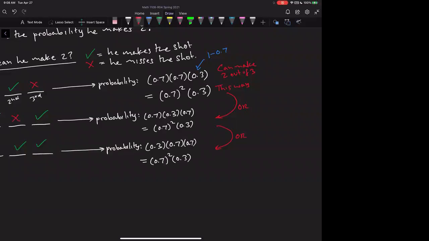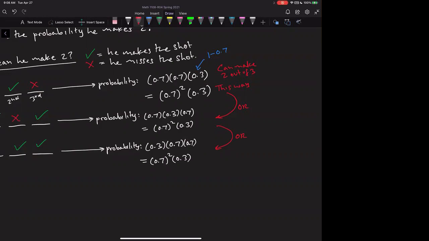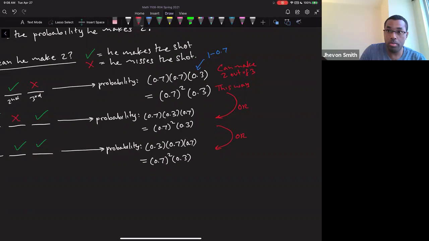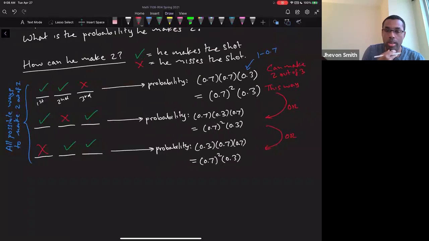So what do we do with that? It's like choose 2 from 3. What is that? 3 choose 2 would be what?